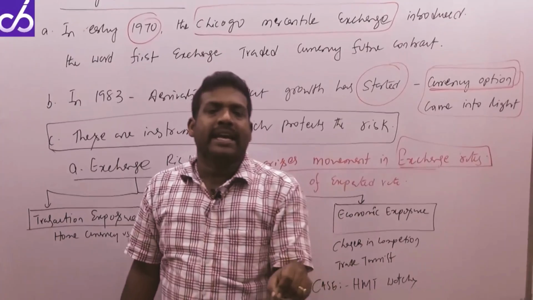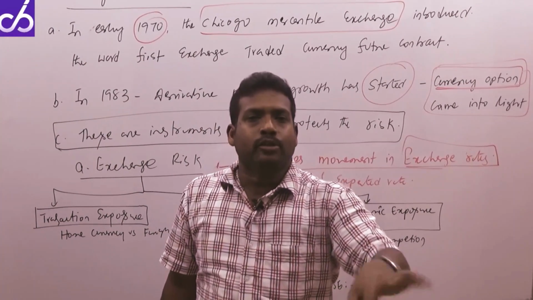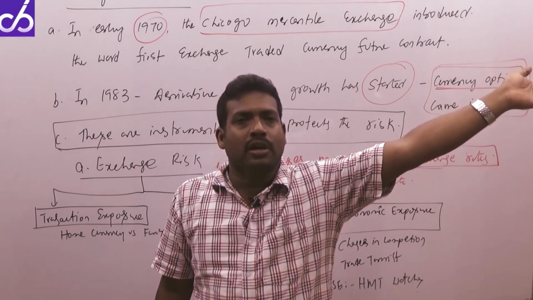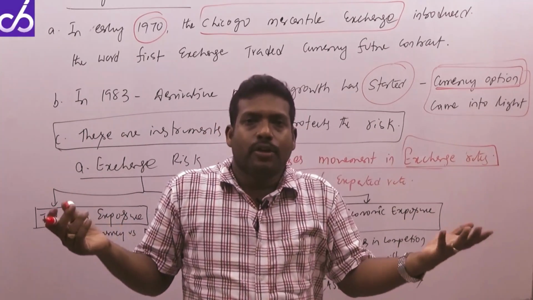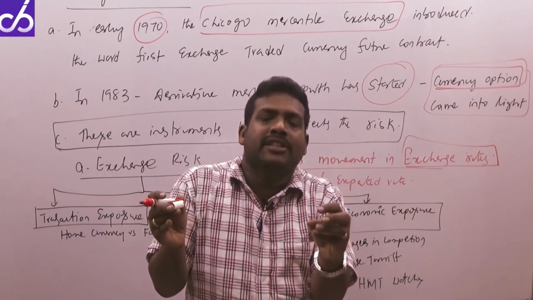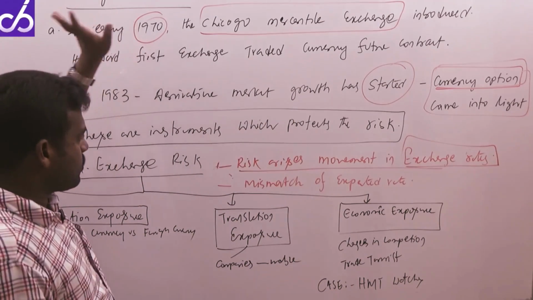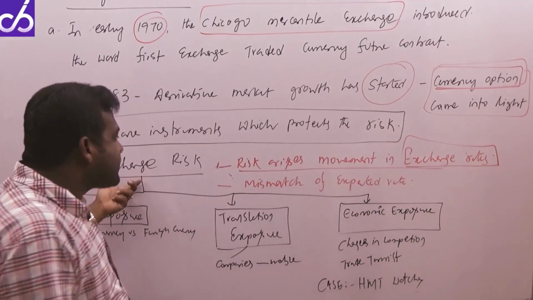As of today, if you take an agreement, the counterparty does not pay the entire money today. He promises to pay in the future. The situation then is what happens to the exchange rate on that day. If you have a dilemma with respect to the exchange rate, your risk can be protected with derivatives. So the risk that arises because of the exchange rate is called exchange risk.